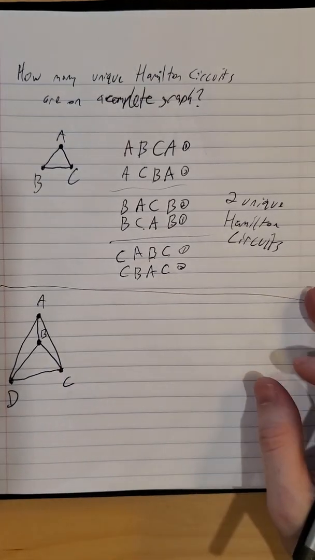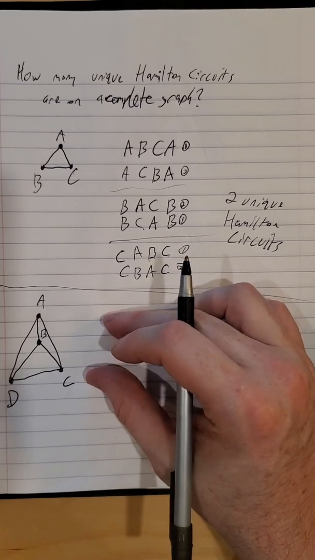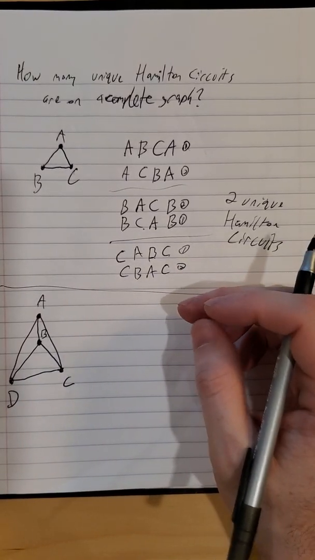Okay, so this is one version of the complete graph on 4 vertices. You've also seen the square with the 2 diagonals in it.